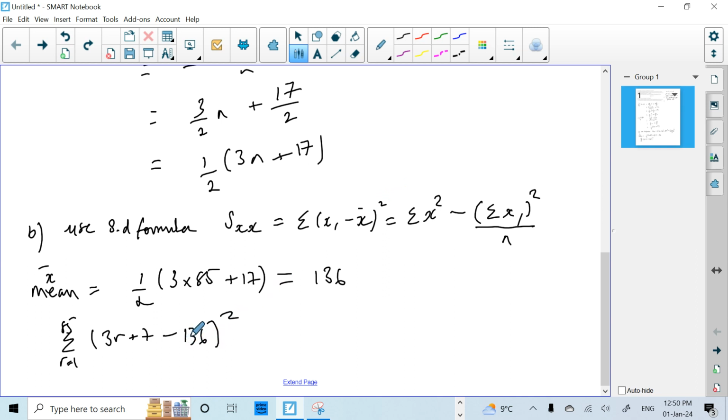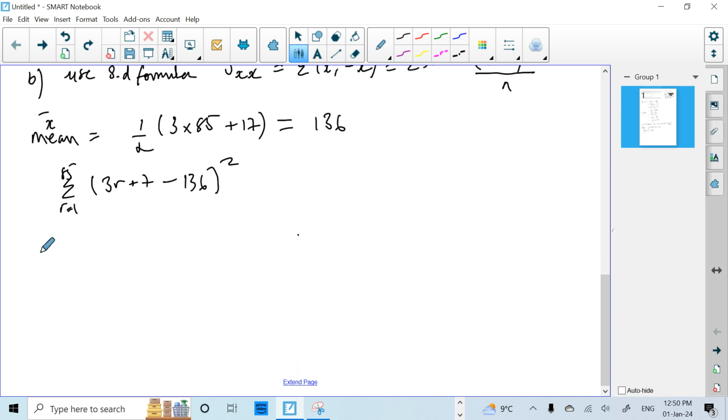And of course, that gives you the sum from r equals 1 to 85 of 3r minus 129, all squared.